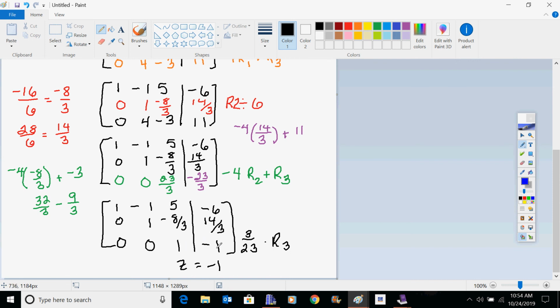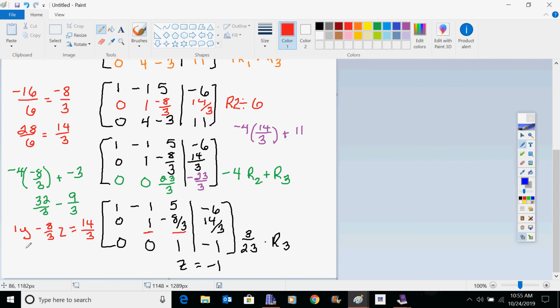In order to find y, this row gives us 0x, 1y, minus 8 thirds z equals 14 thirds. Because it's 0 x's, 1 y, negative 8 thirds z equals 14 thirds.